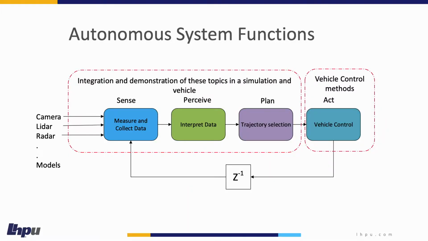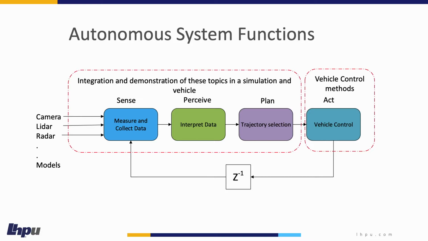So in this course, again, we're dealing with a framework for the autonomous technology, which includes measurement and data collection, sensor fusion to drive perception or interpretation of that data, the path plan, and now the control of the vehicle. We'll be developing a vehicle control that utilizes that planned trajectory as a reference.